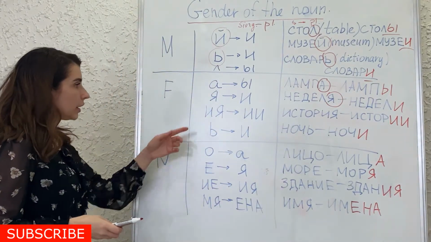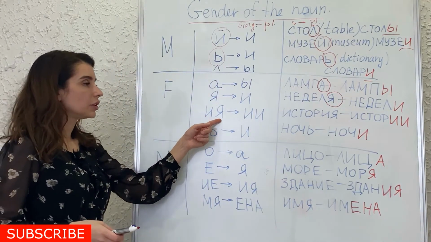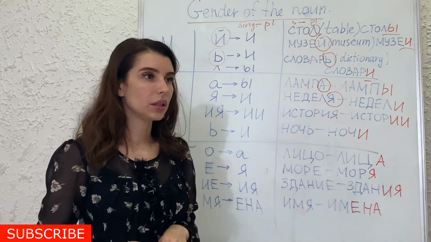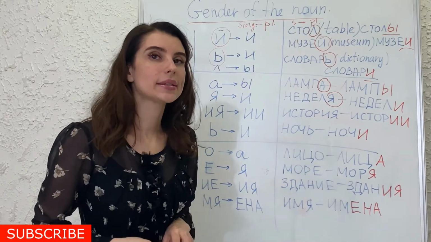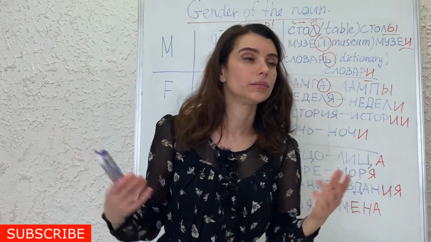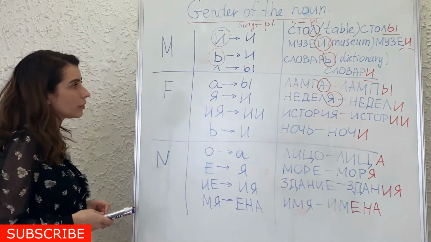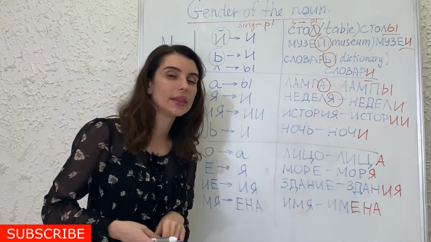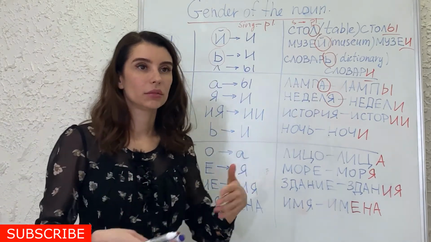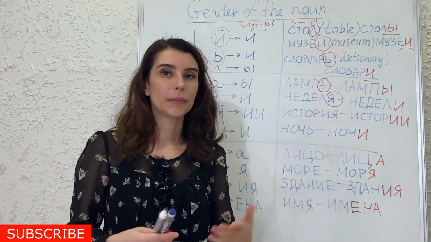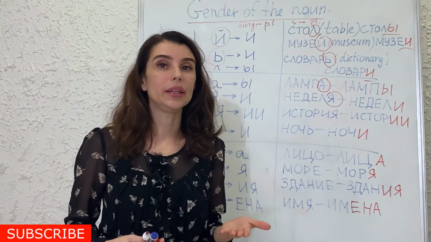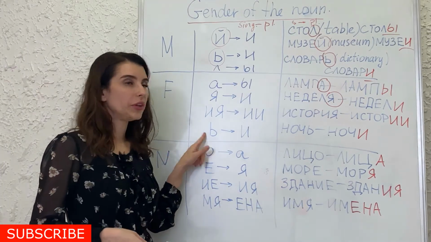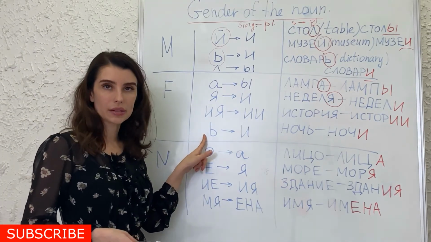Неделя, недели. Я at the end changing to и. История, истории. История means story. One история, одна история. Three, five, истории. Истории.